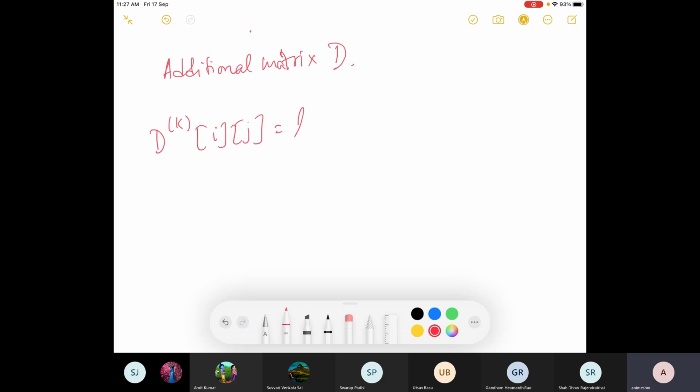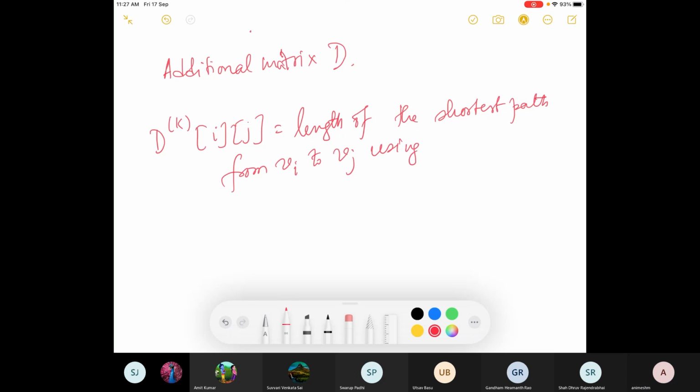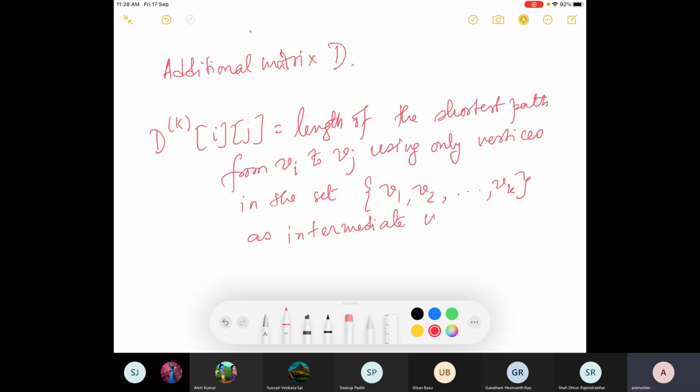D^k_ij is the length of the shortest path from Vi to Vj using only vertices in the set V1, V2 up until Vk as intermediate vertices.